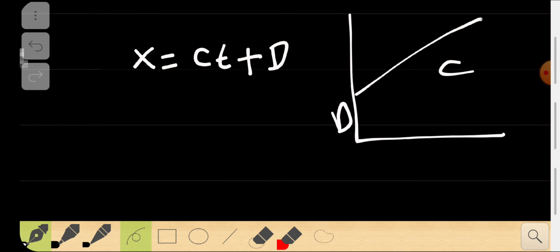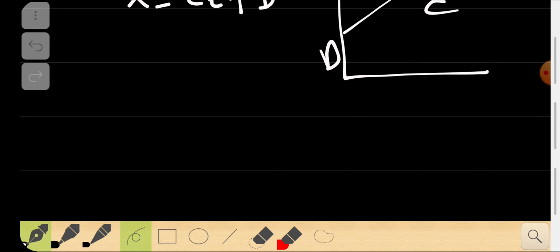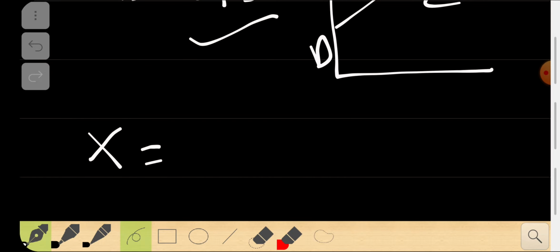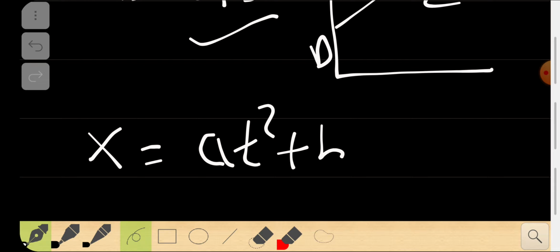That's the basic equation, right? This is a first order polynomial. Now if you write down a second order polynomial, you can write it as a t square plus b t plus c. You can write it down like that.